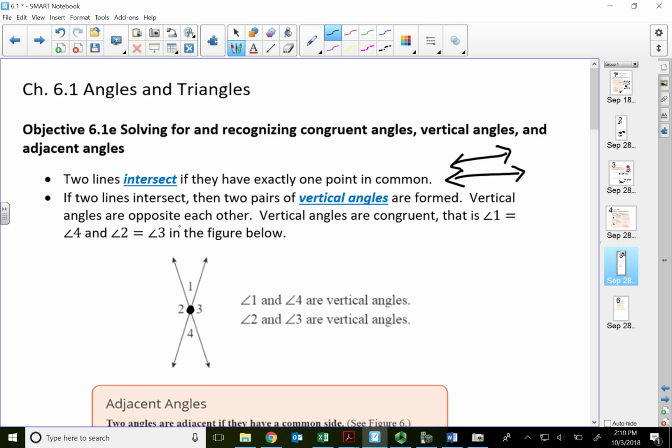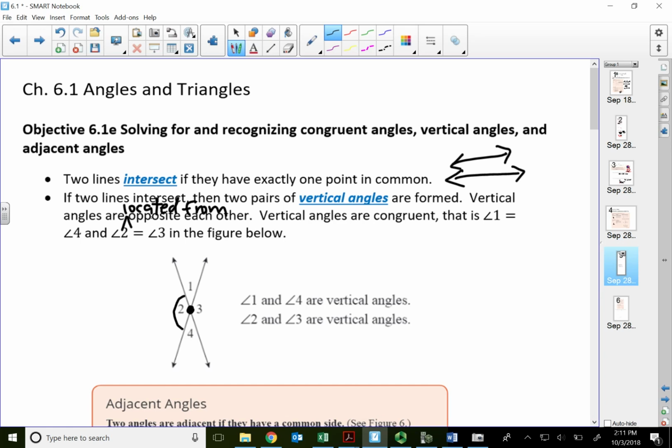Vertical angles are located opposite from each other. So that means this angle on the left, angle 2, actually sits opposite.